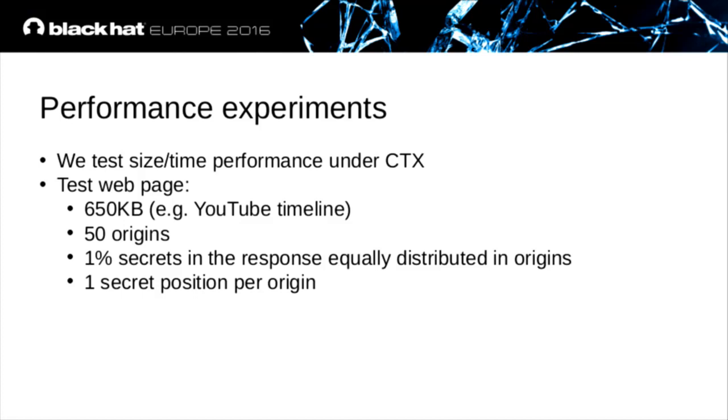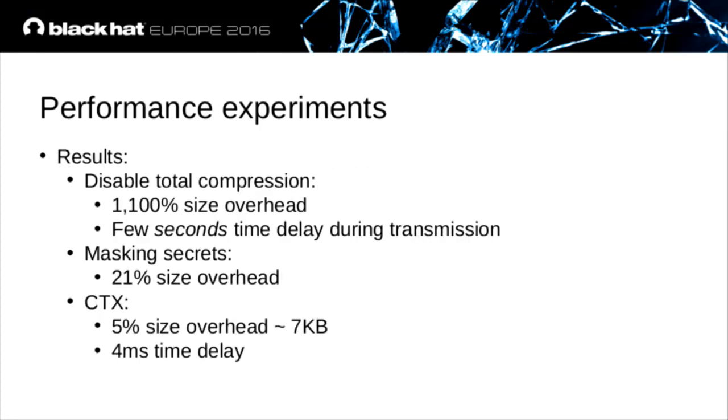Okay, and we ran these experiments, and we found some interesting results. So I will compare our defense with the other proposals. The first proposal was to disable compression altogether. And as I said at the beginning, this is actually bad in performance terms.